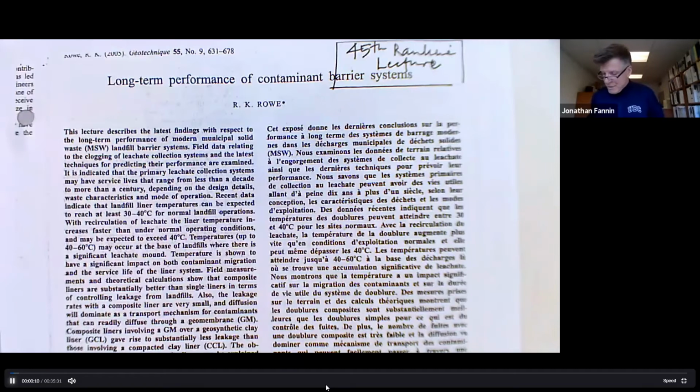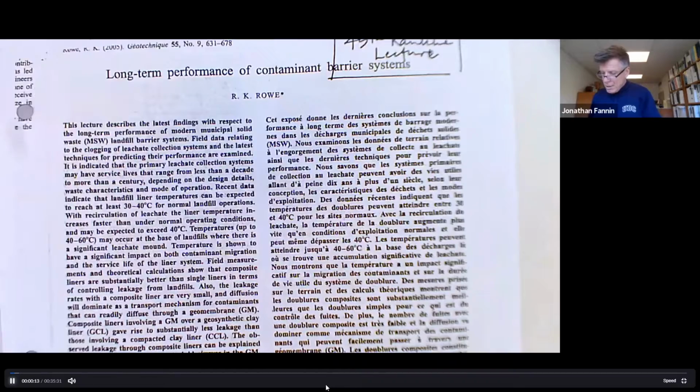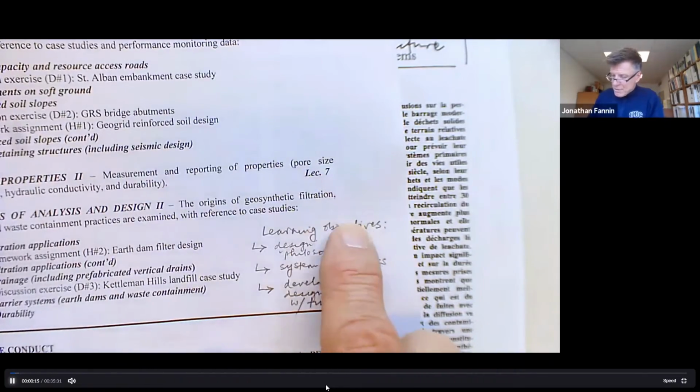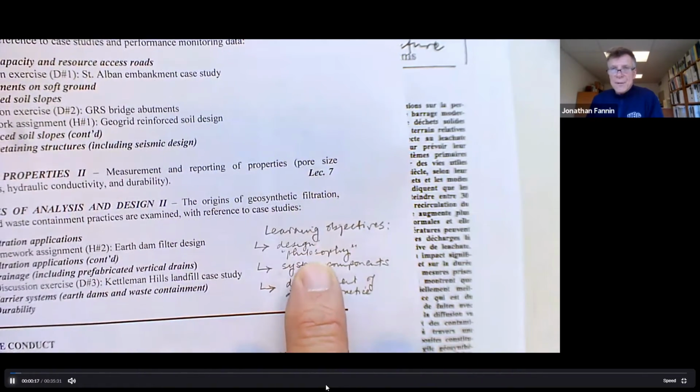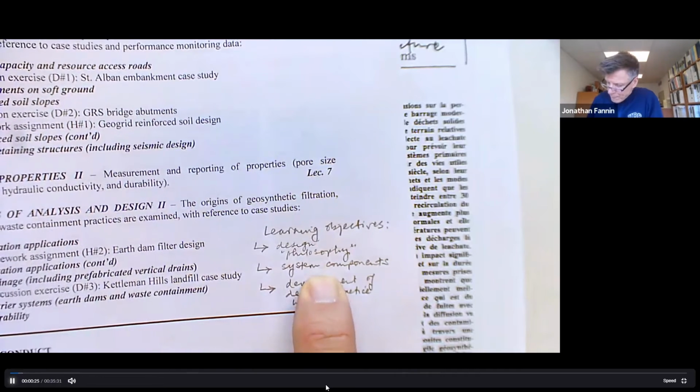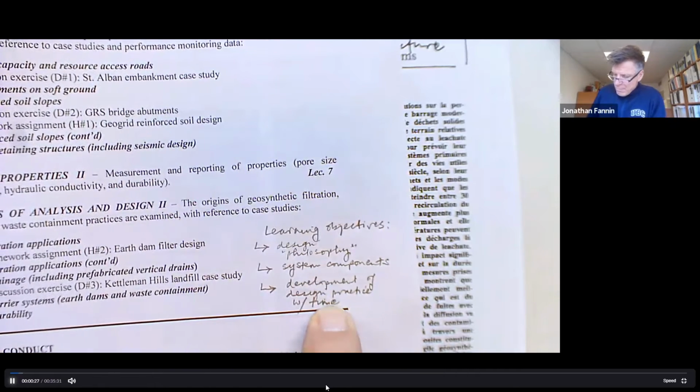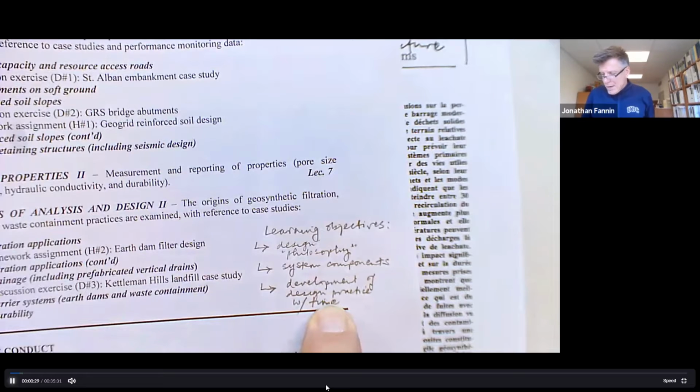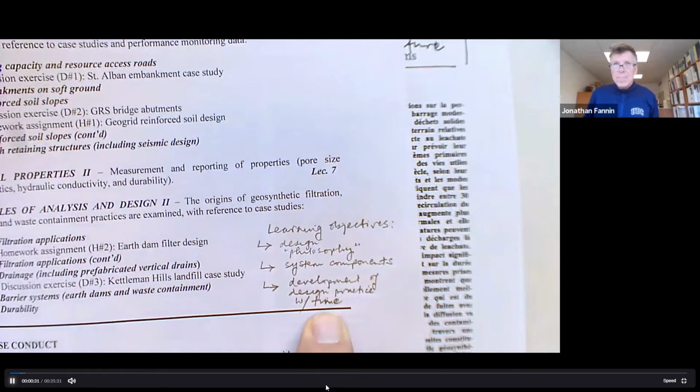So after that period of discussion, and now returning, I set the learning objectives of a design philosophy, these barriers and drains, that it comprises system components, and how might design practice develop with time.